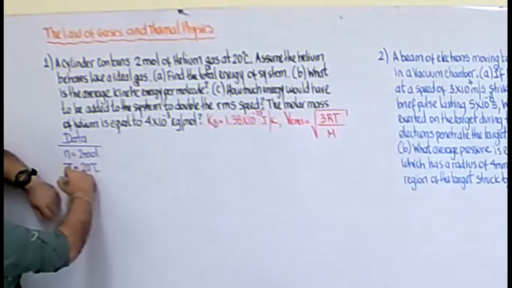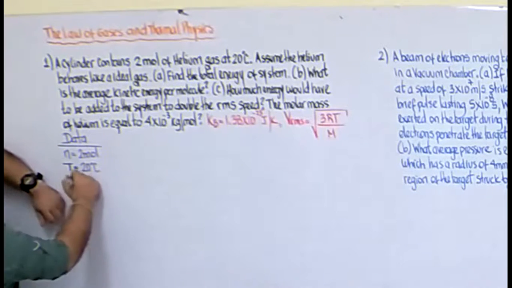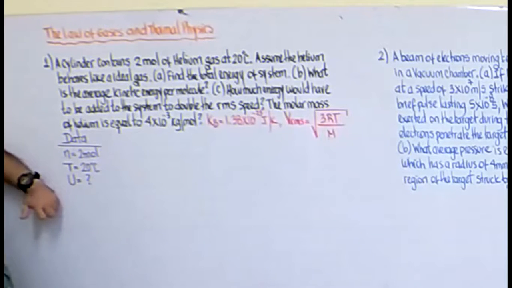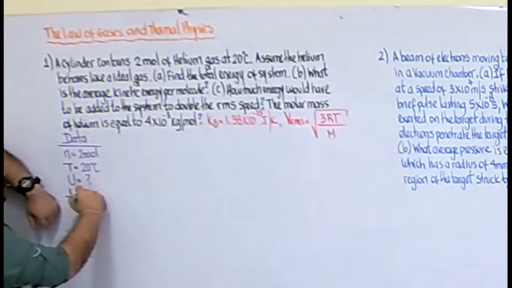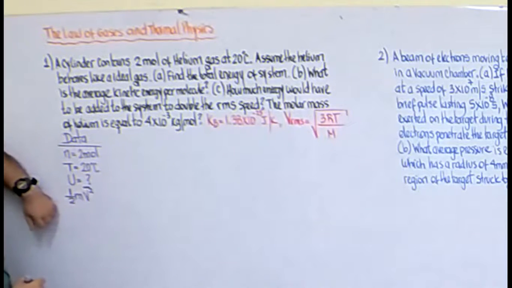The first one, we're going to look for the internal energy of the system. Remember, the helium is a monatomic gas. After that, they're asking for the average kinetic energy, I mean, one half mass times velocity squared. This is the average kinetic energy.